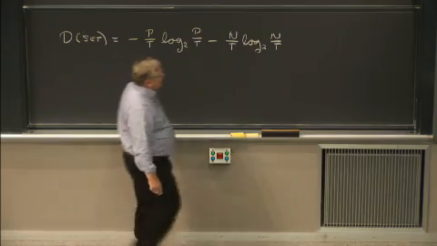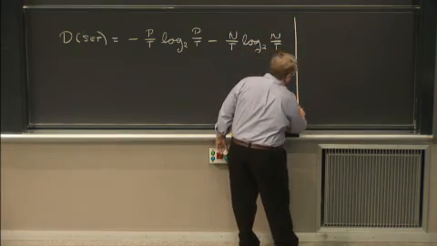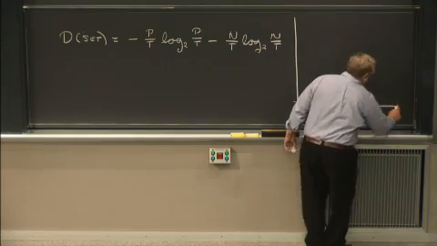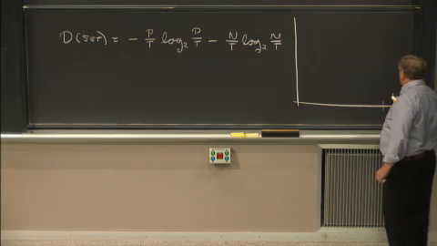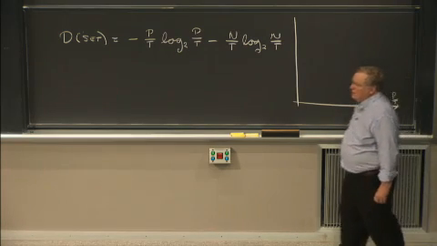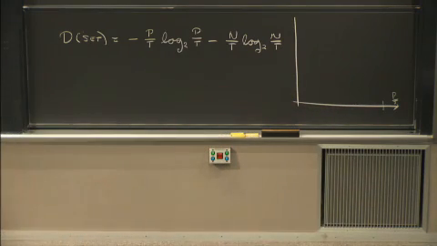And maybe we ought to draw a graph of what that curve looks like. What we're going to graph it against is the ratio of positives to the total number. So that's going to be an axis where we go from 0 to 1.